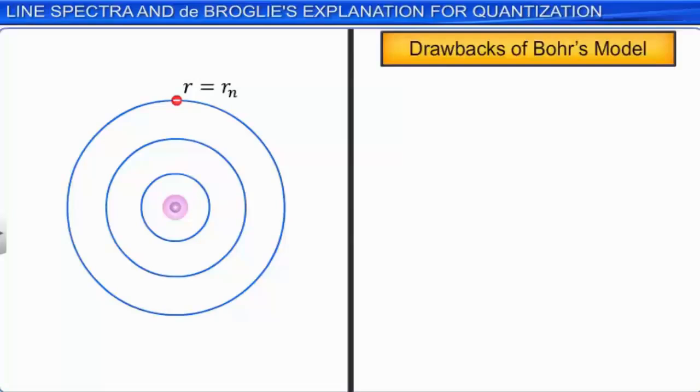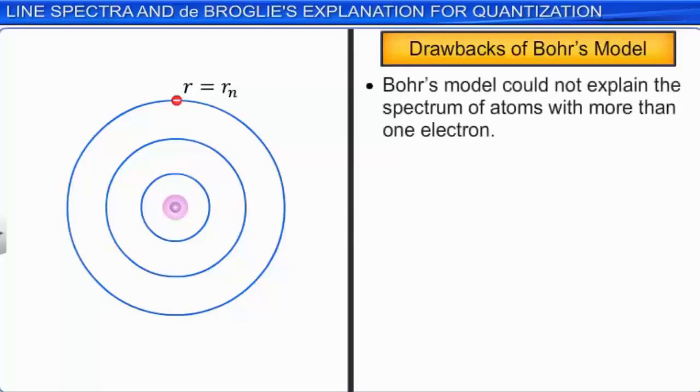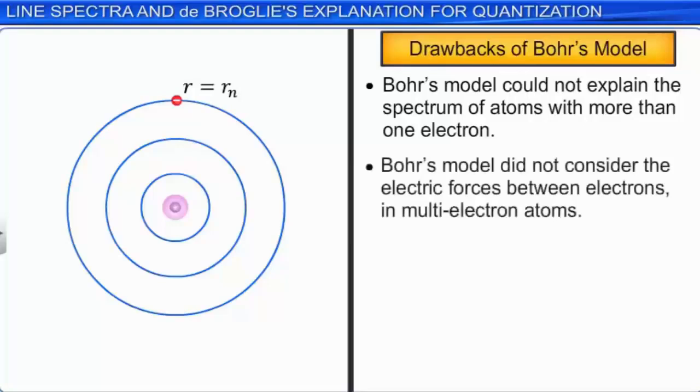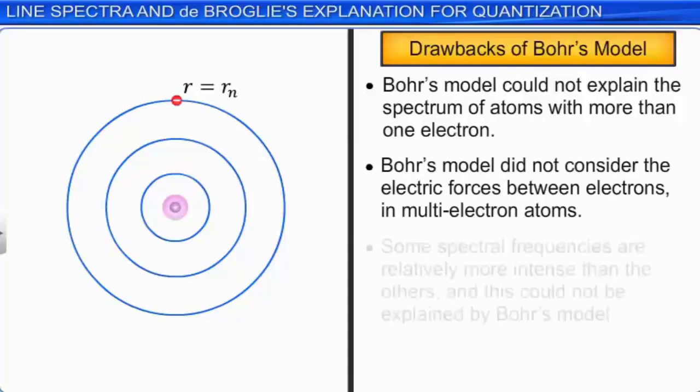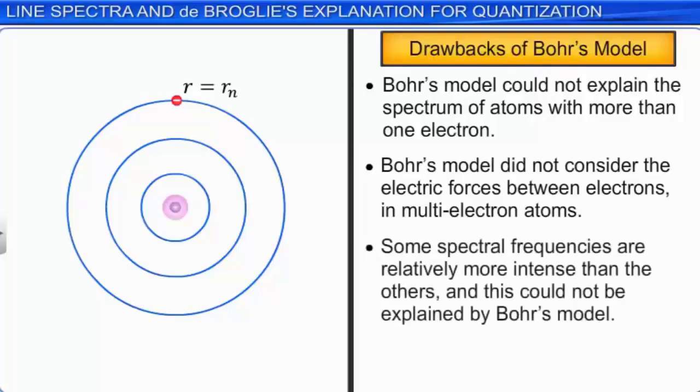Bohr's model included only the electric force between the electron and nucleus, but it did not take into consideration the electric forces between electrons in multi-electron atoms. Though the frequency of spectral lines was correctly predicted by Bohr's model, some frequencies are relatively more intense than the others. Bohr's model could not explain this fact. Thus, the atomic model of multi-electron atoms can be better understood by applying a new theory called the quantum theory.